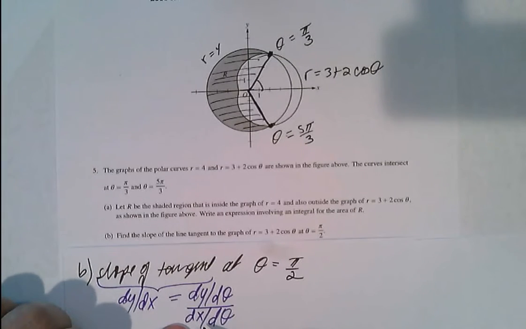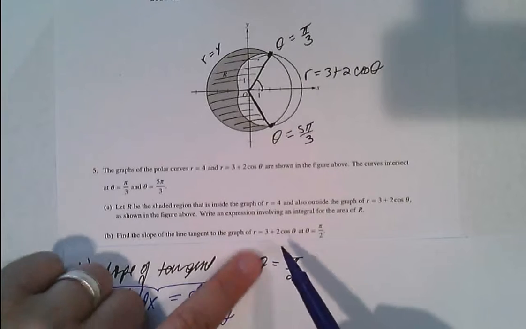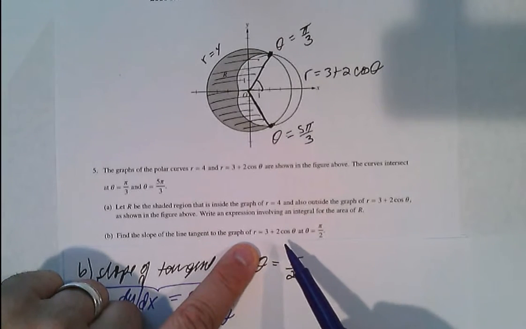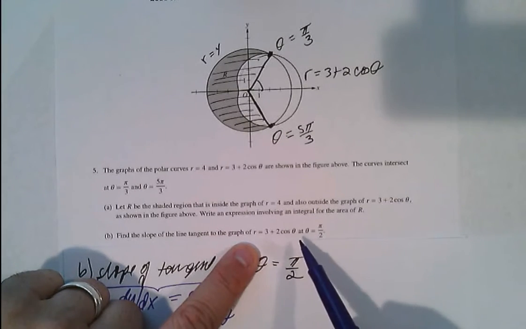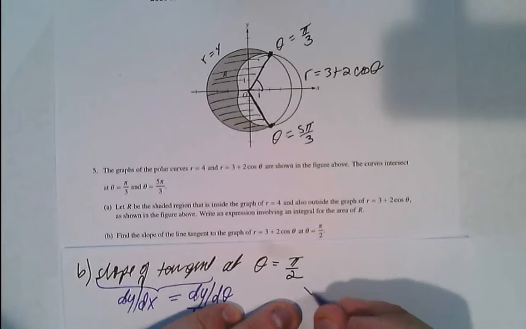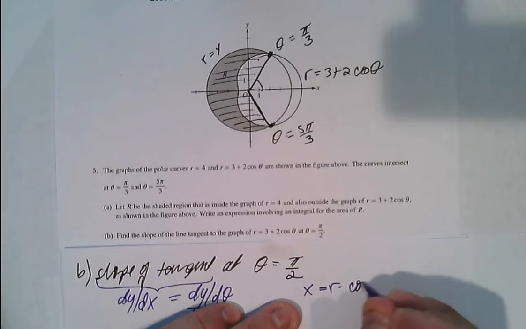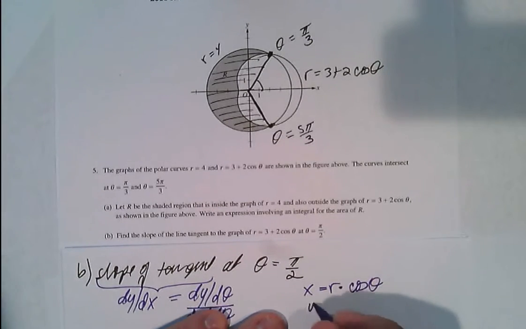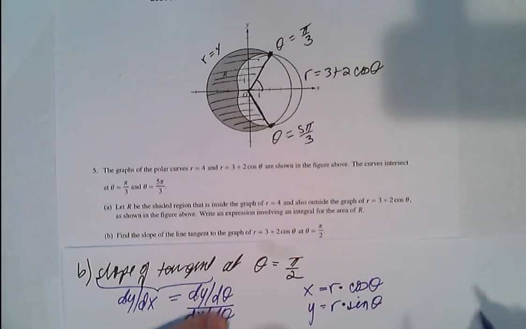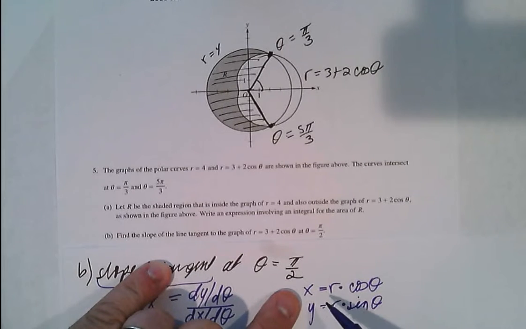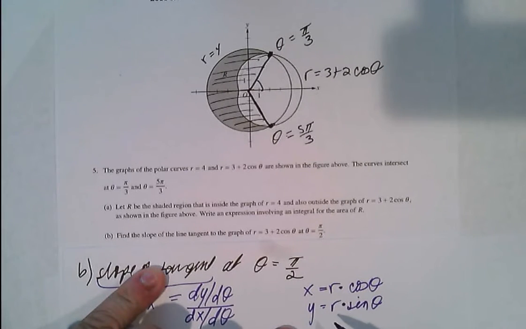In order to do this, you're going to have to take your polar curve formula, which is the radius in terms of the angle, and you're going to use your conversion formulas. X is equal to r times cosine of theta, and y is equal to r times sine of theta. And you're going to take the derivative of both of these with respect to theta.